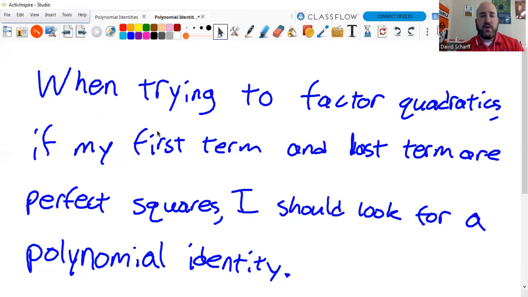To fit these patterns, my first term and my last term have to be perfect squares. If my first term and my last term are perfect squares, I should look for a polynomial identity. Again, we're only going to be looking at one identity in particular, but for all four identities, this is what you would do.